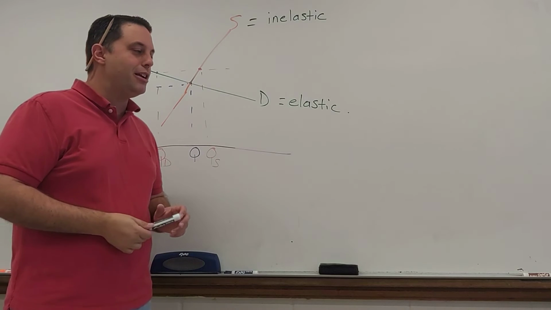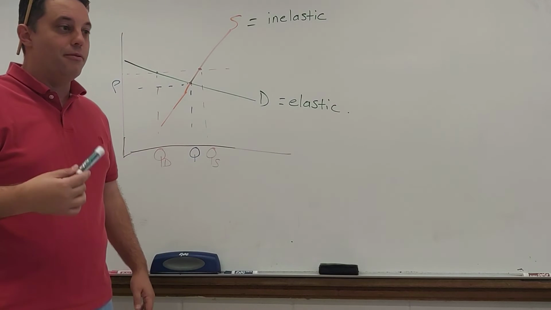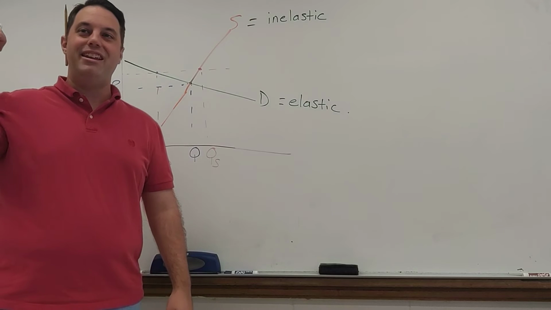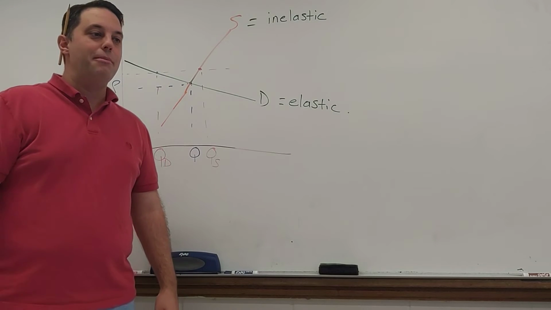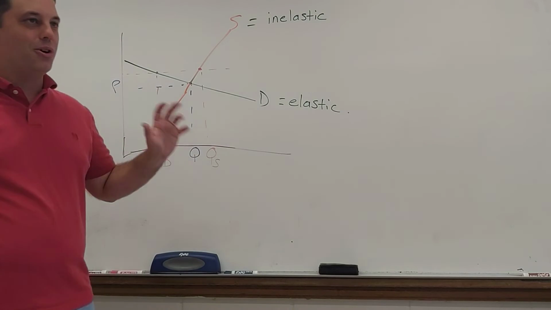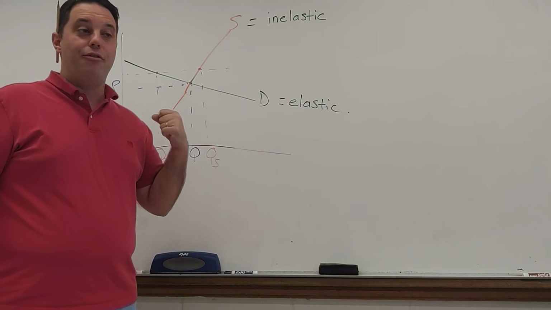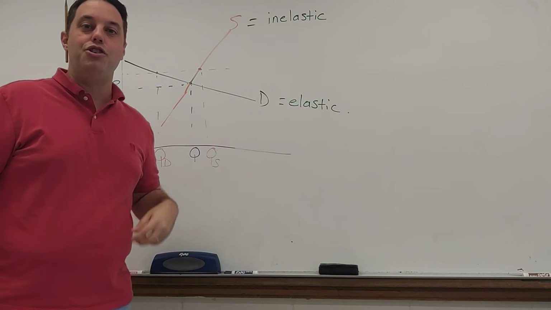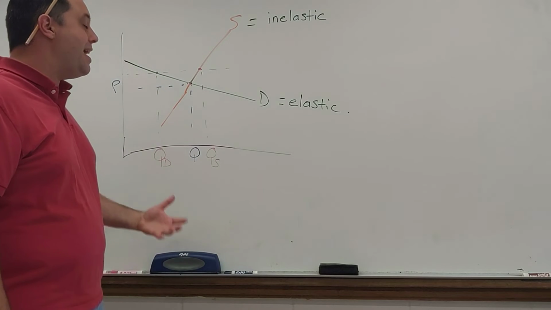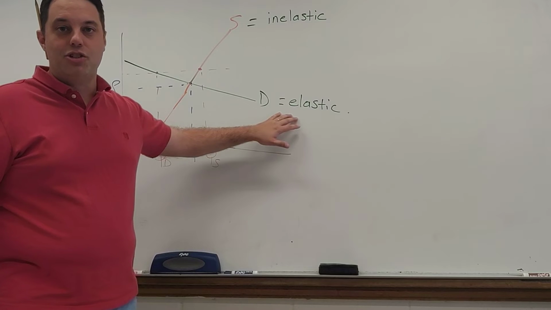So if you think about something like a sports car, that's very much a luxury item. For the most part, when the price of a sports car would increase, most people are going, I don't need that. I don't have the ability or the desire to spend my limited income on that. And so if the price went up by 10%, you might have a 20% decrease in the quantity demanded. So again, for demand, if a good is elastic, that means it's a luxury.